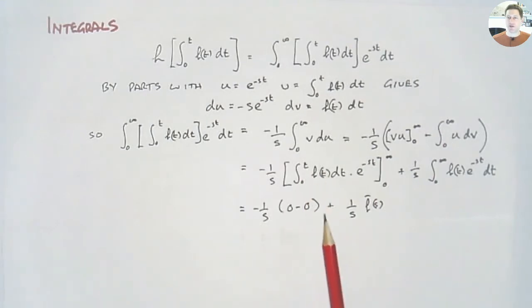So that 0 minus 0 disappears, and we're left with 1 over s multiplied by the Laplace transform of our function. So again, we've got a very nice and simple expression in the Laplace transform of our integral term, and we can use that to represent integration in the Laplace transform space.